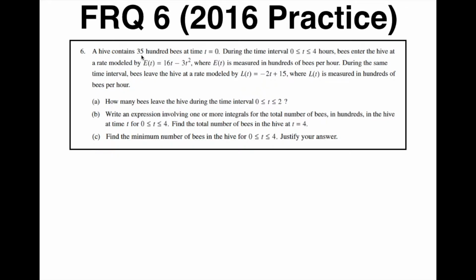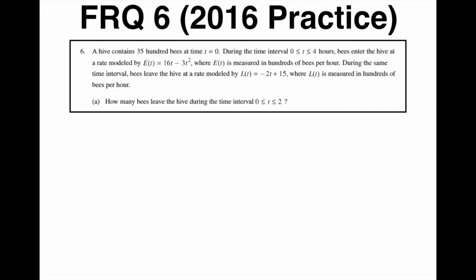Now what it means for the rates is that the rates are going to be hundreds of bees per whatever the unit for time is, and here it's hours, so hundreds of bees per hour. Using units and always referring to units in these word problems with rates is very helpful, I think, in understanding or knowing what we're going to have to do.